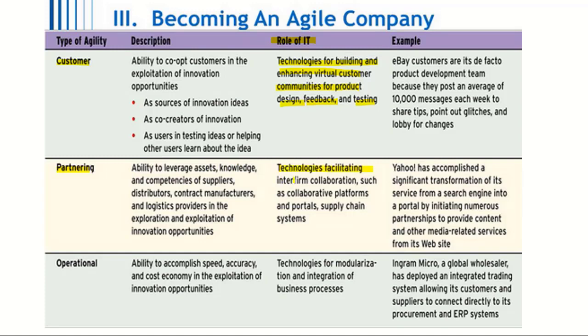Technologies for facilitating inter-firm collaboration, such as collaborative platforms or portals, and supply chain systems. And in terms of operations, what's the role of IT here? Technologies for modularization and integration of business processes. So here are examples of the implementation of IT in different types of agility.